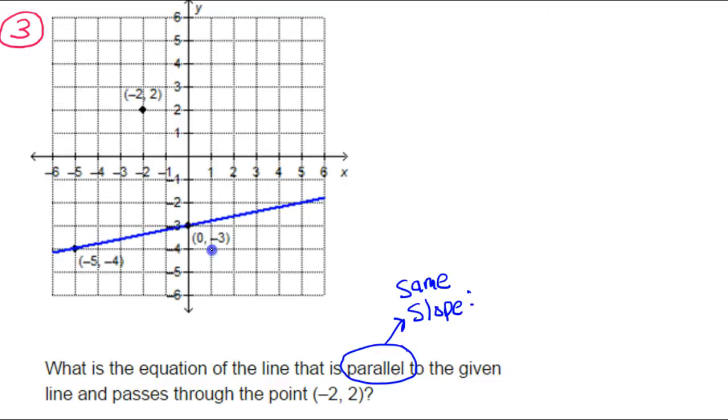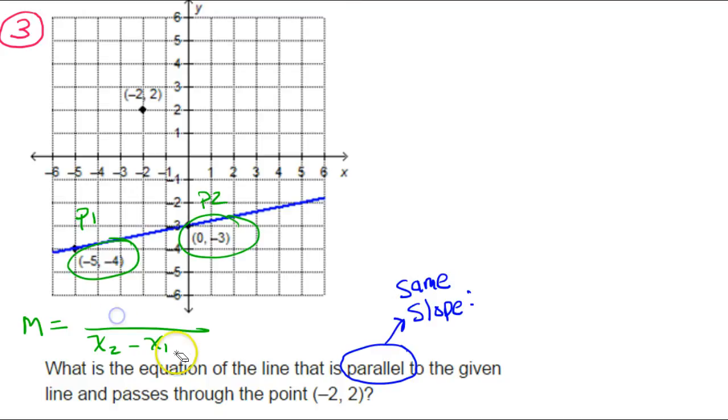So if I know the slope of this line, I'm going to know the slope that I want for my line. Now they're giving me these points right here, so I could do the slope formula, which I will do off to the side. The slope formula is y2 minus y1 over x2 minus x1. So I'm going to call this point 2, and this point 1.